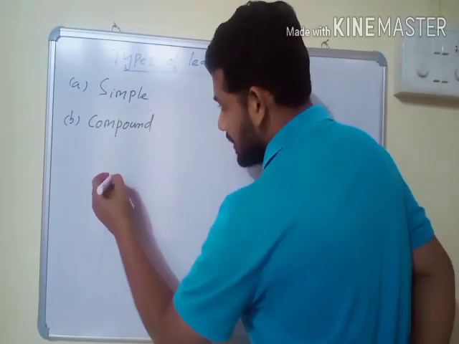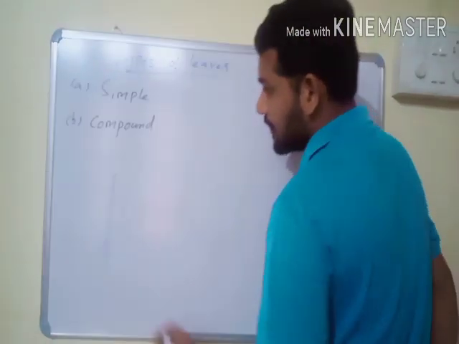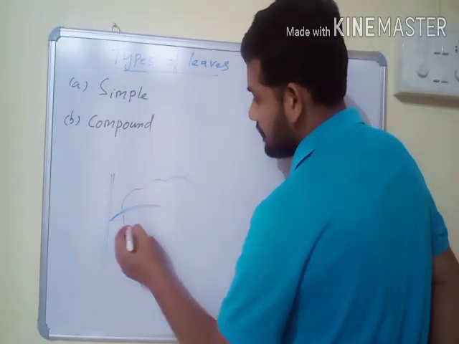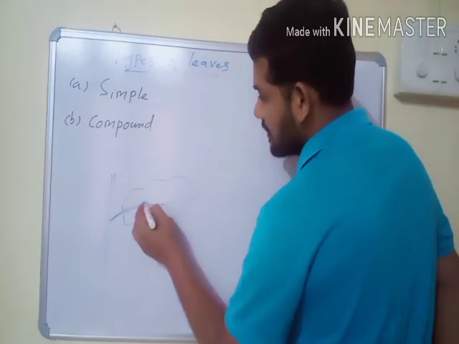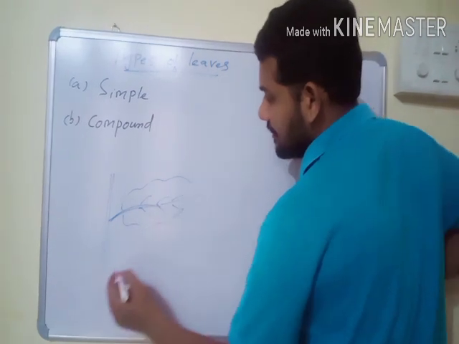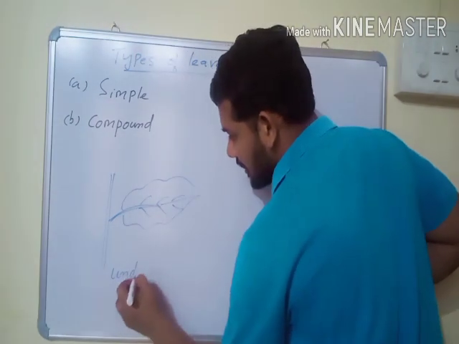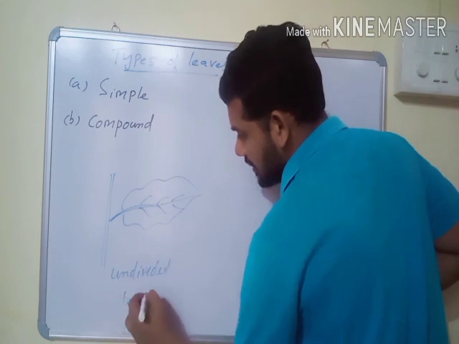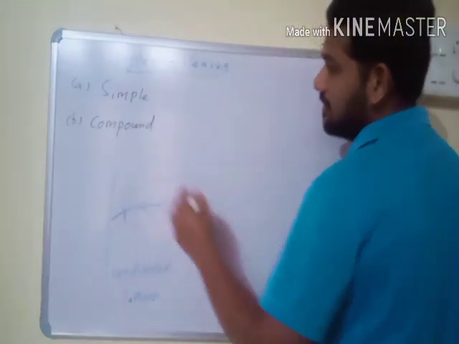In simple leaf, the lamina is not completely divided. If the petiole has undivided lamina, then the leaves are called simple leaves.